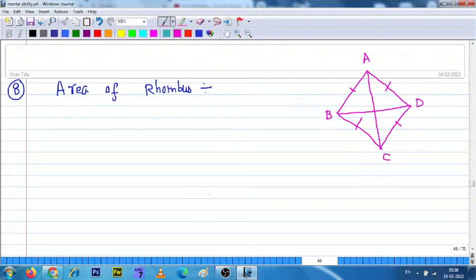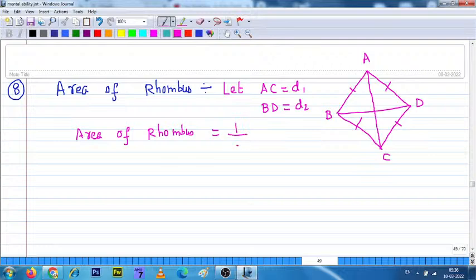How to find the area of the rhombus? Here say let AC be equal to D1, the length of the first diagonal, and BD equal to D2. Then the area of a rhombus is given by half into the product of the diagonals, that is half D1 D2.